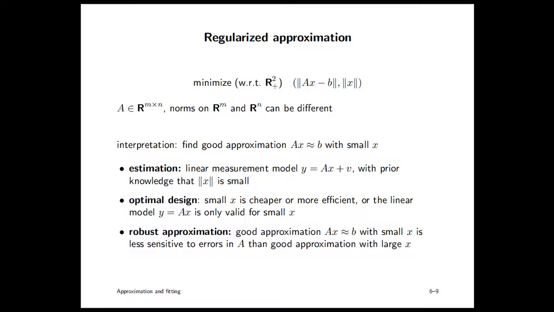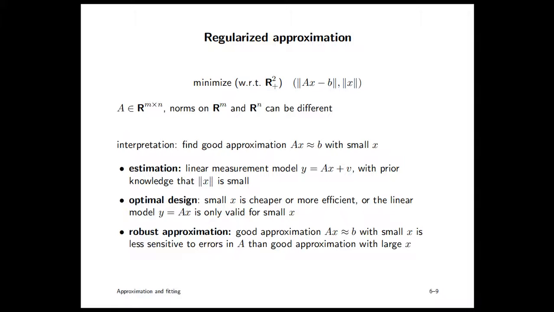There are also three kinds of interpretation of these applications. In an estimation setting, the regularization term, x norm, can be interpreted as the prior knowledge in which x norm is not too large.